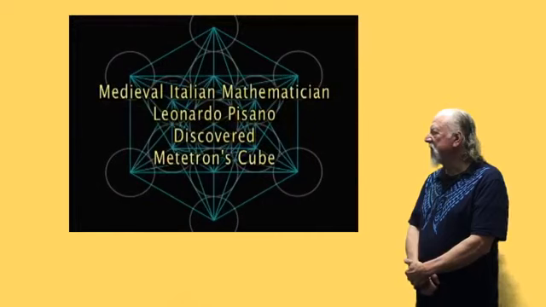But the graphic, known as Metatron's cube, didn't show up till later, when a medieval Italian mathematician named Leonardo Costano discovered it. So the next question is, why and how did Leonardo come to call this particular graphic Metatron's cube? Well, the answer is simple.